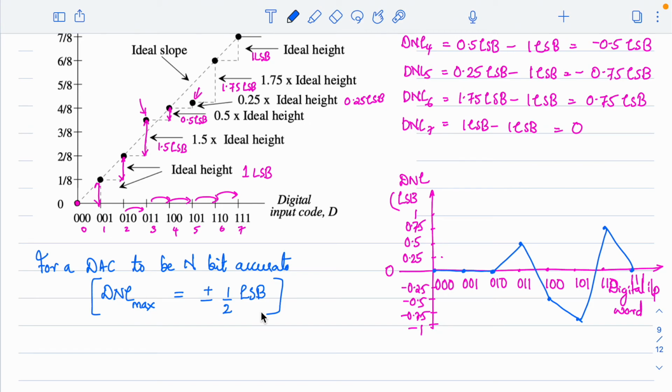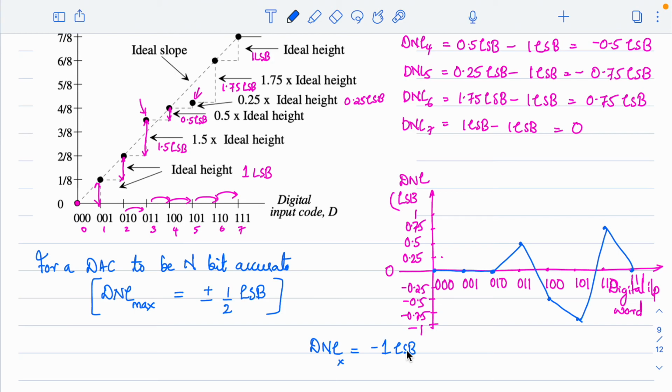right? Now let me ask this question. Say for example, you are getting a DNL value for a specific input code x, and you are getting DNL as say -1. So what is the meaning of that?